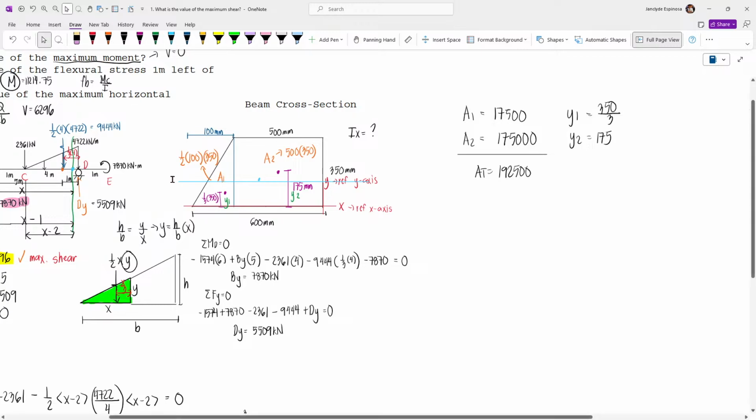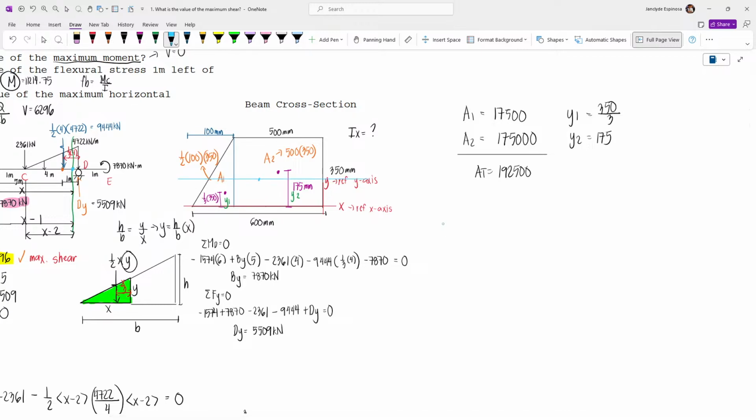So, mani siya itong centroidal x-axis. So, nga na ko niya siya neutral axis. So, di ba, Varignon's theorem, A T barred Y equals the summation of A N barred Y N, no? So, atong total area, 192,500 times barred Y equals AN.